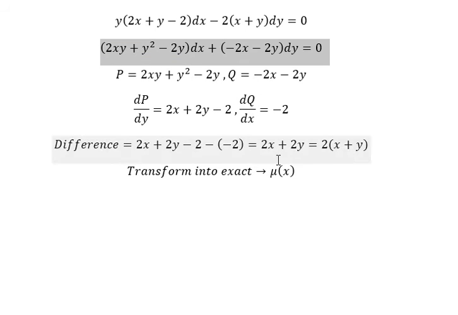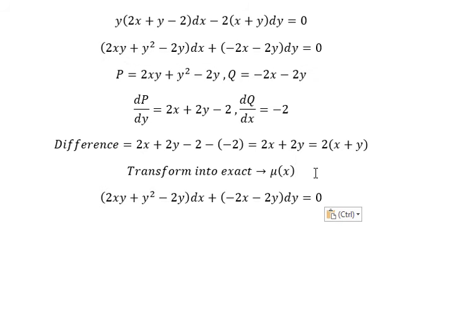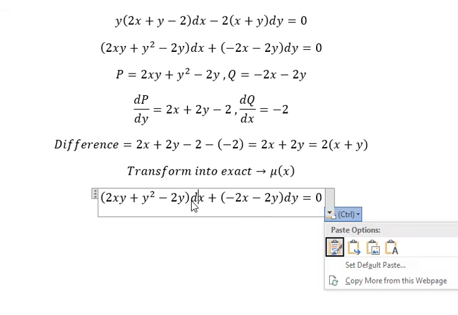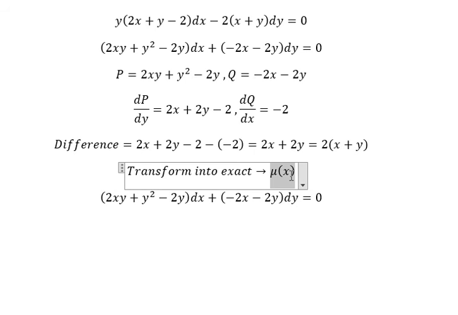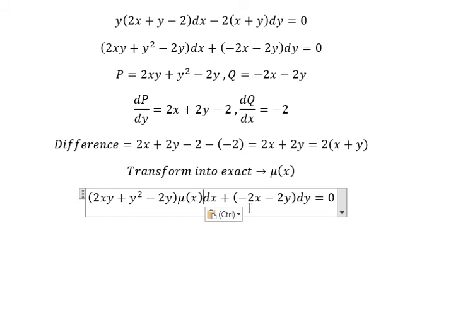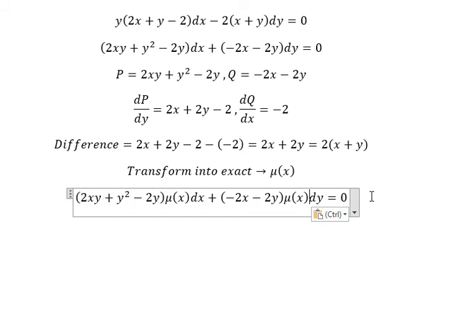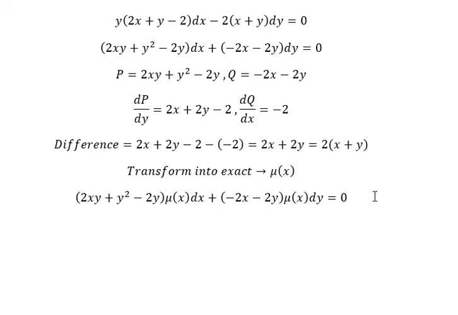That means we need to multiply both sides by this one. So in this case, I will have this one equals to this one.